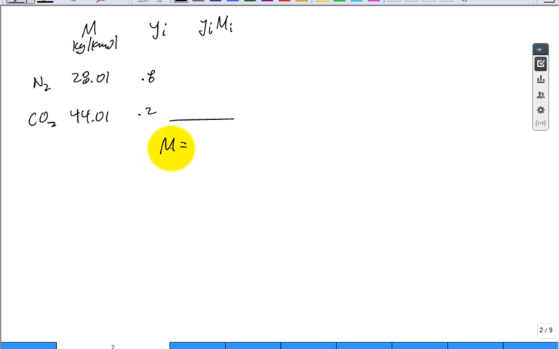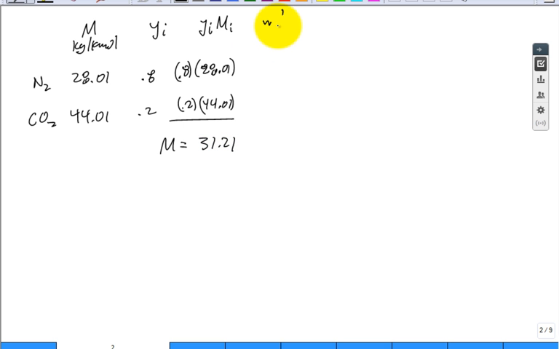So 0.8 times 28.01, and then 0.2 times 44.01, and you sum that up and you get 31.21. So the mixture molar mass is 31.21.